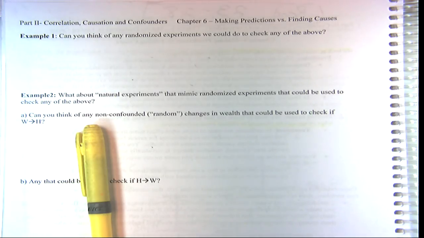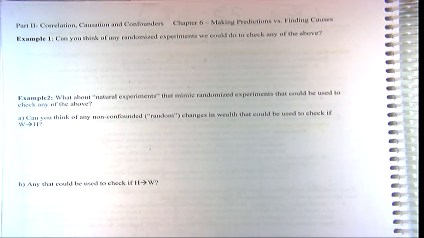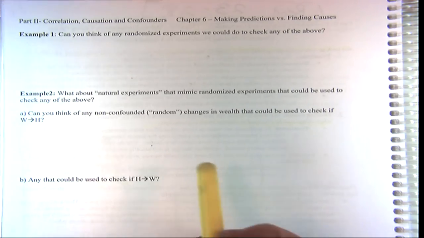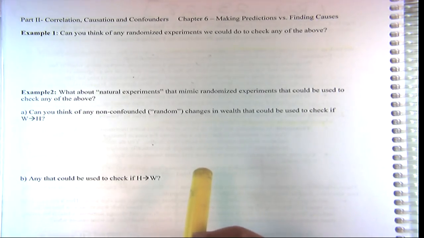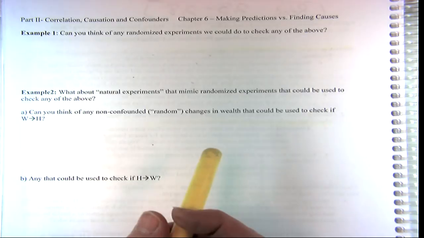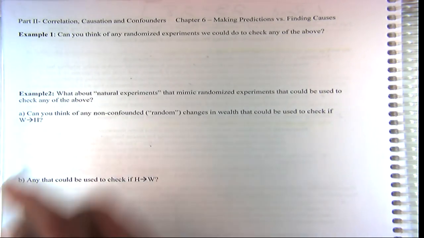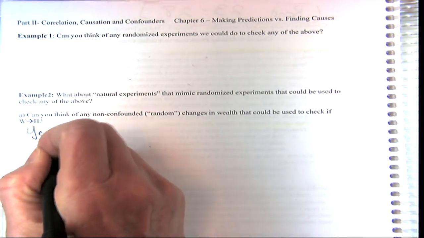Yes? Someone wins the lottery? Exactly. The people who win the lottery all start out at the same level, within random error, of health, and then if they become rich, does their wealth improve their health? That's a great example. So yes, the lottery.